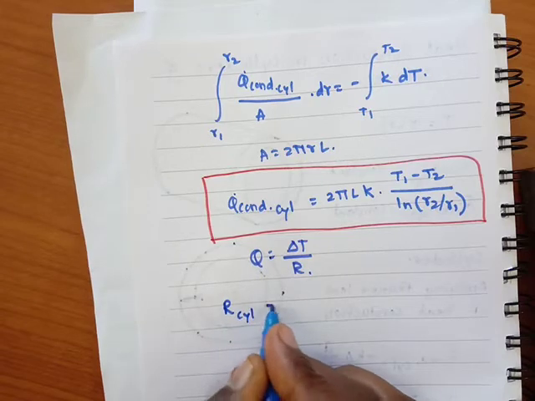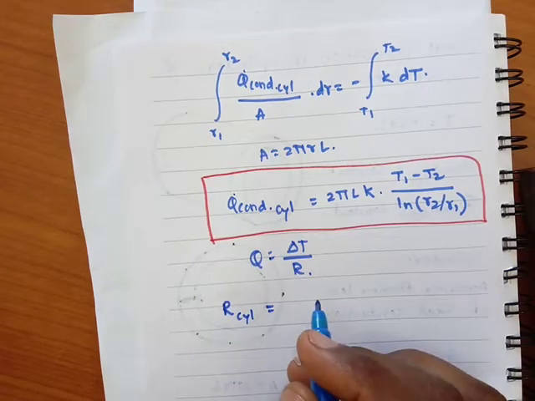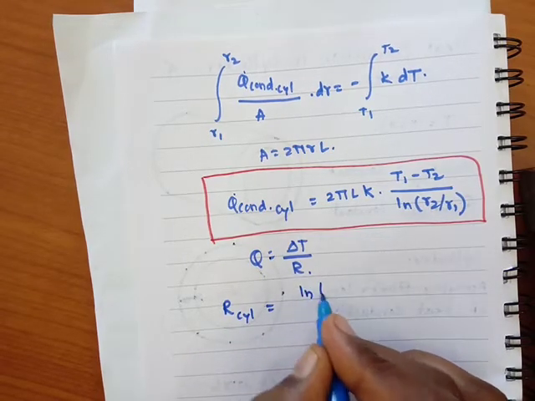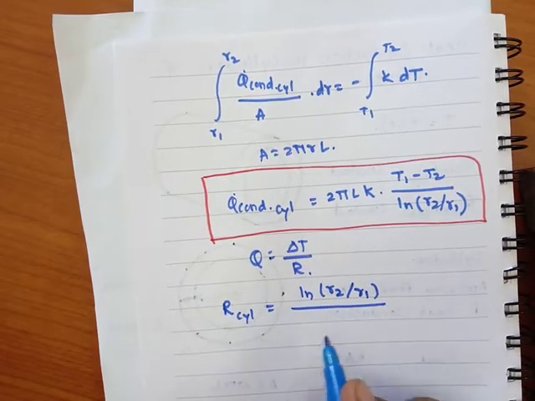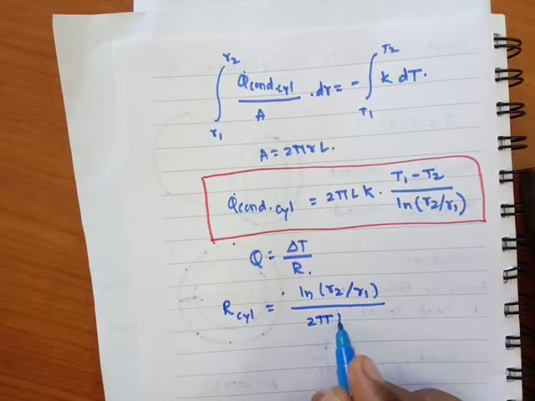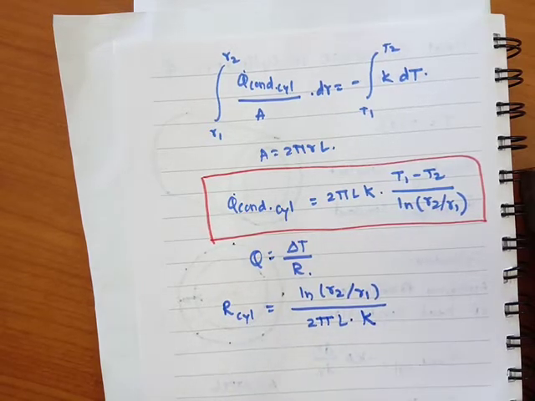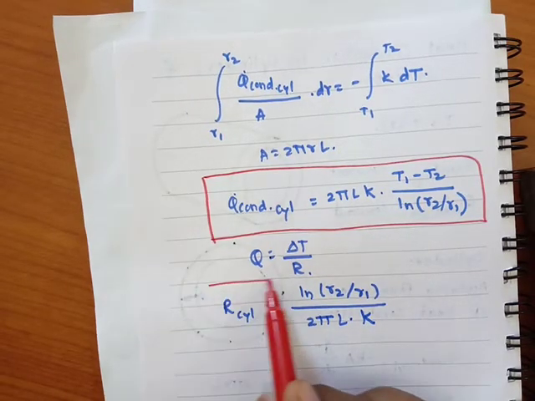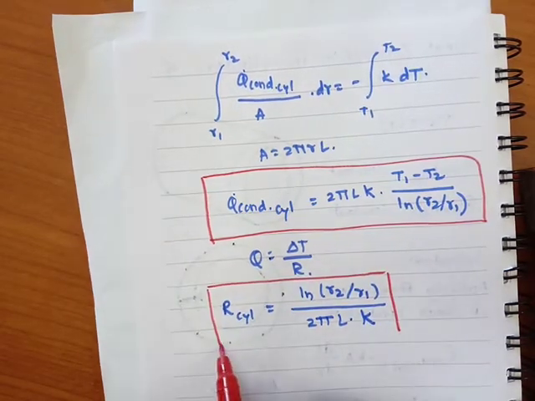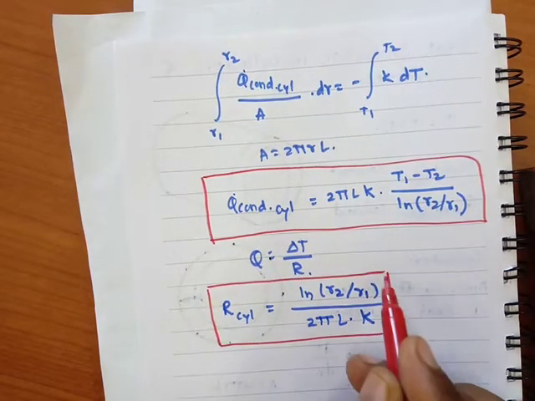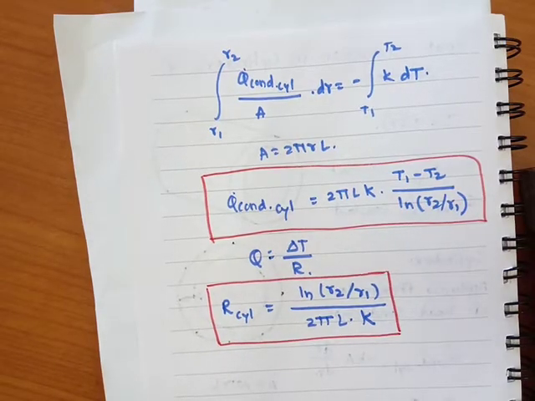Resistance for the cylinder is equal to ln(R2 divided by R1) divided by 2 pi L K. So this is the resistance offered by a cylinder to conduction heat transfer through that cylinder.